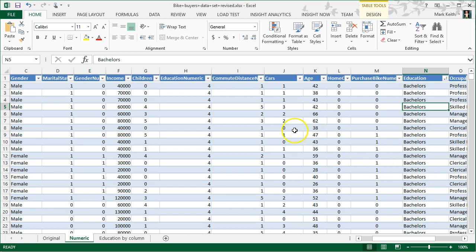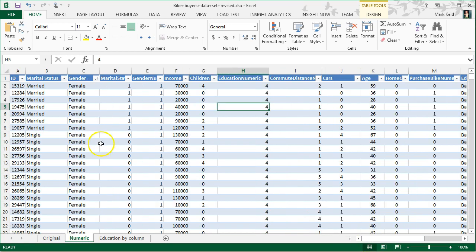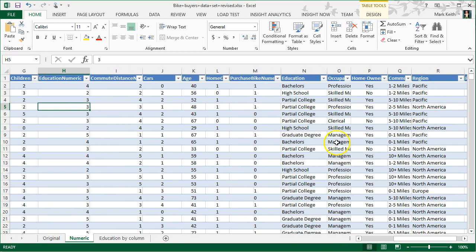In this case, there is. Partial high school is the lowest. Therefore, we represent partial high school with the number 1 over here. Let's sort this. You'll notice here, high school is the second highest education value, so it's 2. Partial college is more than high school, therefore it's 3. Bachelor's is 4.